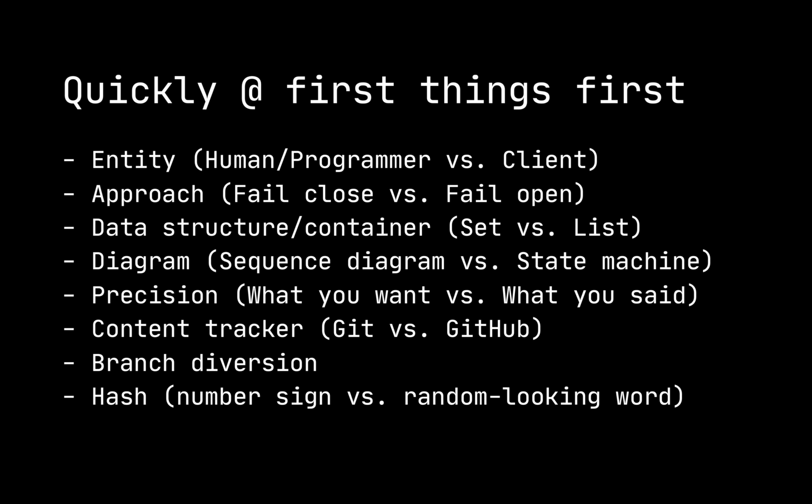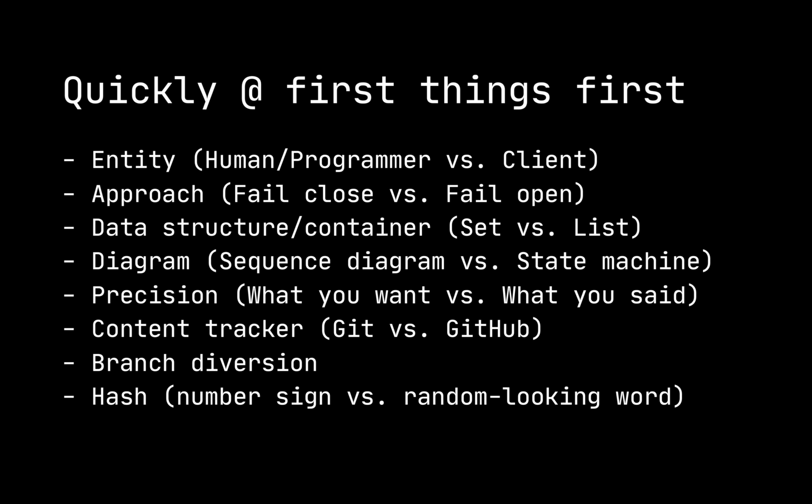That said, let's just quickly go over these items that you would want to roughly know about. I assume you already read all these things. Now I'm just going to highlight some of the things which are more closely related than the others. You want to really be sure about what is a fail close approach, what is the set data structure, what is the sequence diagram, what's the meaning of precision in terms of computer programming, what it means by content tracker Git, and what is a branch diversion, because that's actually pretty critical to this video in specific.